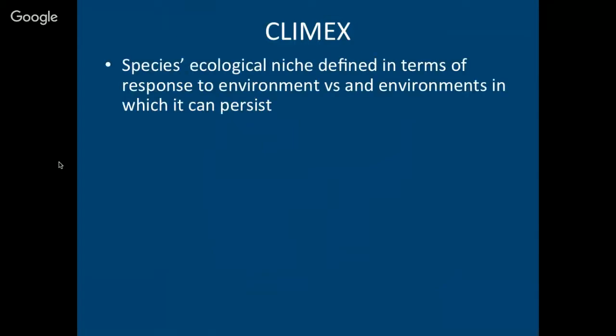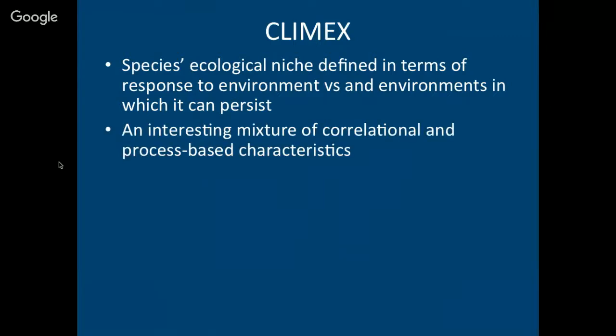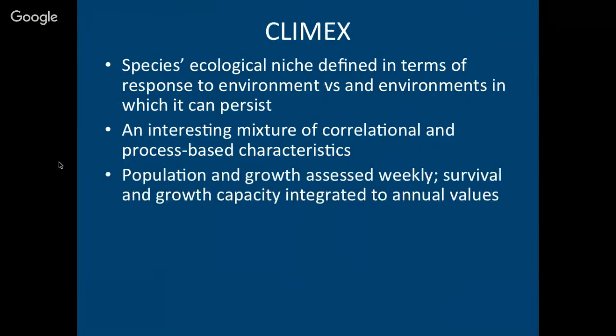Darren Kritikos was kind enough to supply me with some of these visuals, but within Climex, the species' ecological niche is defined in terms of response to environment, and the environments in which the species can persist. To my eye, Climex is an interesting mixture of correlational niche modeling and process-based or first principles niche modeling.